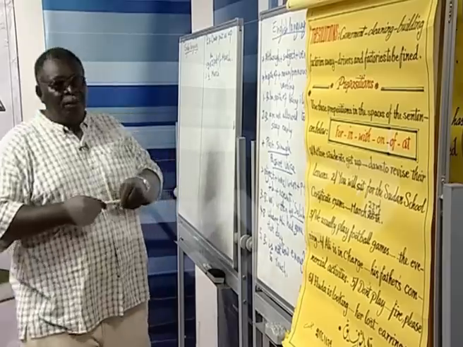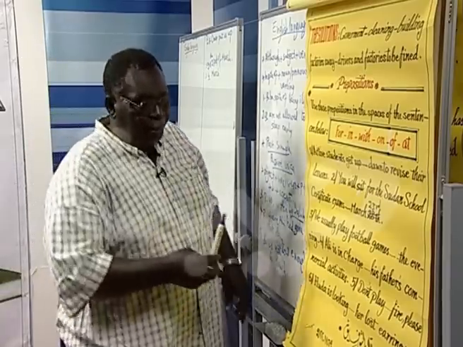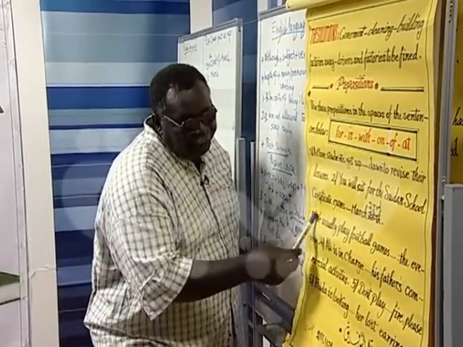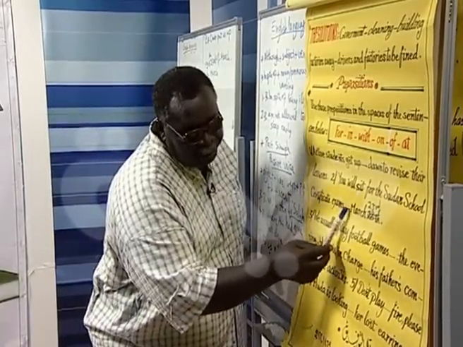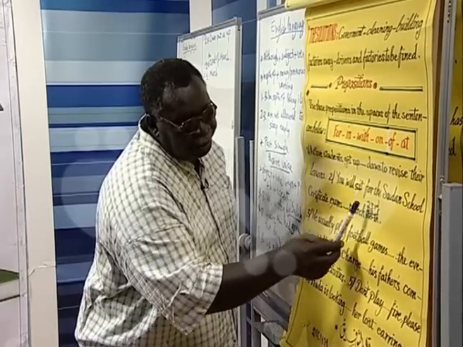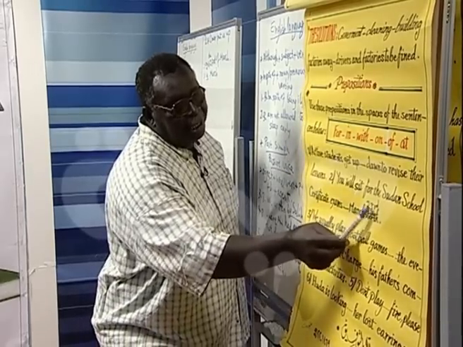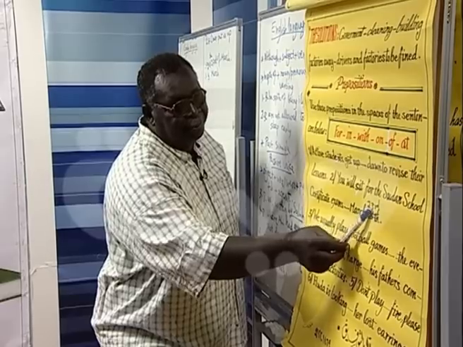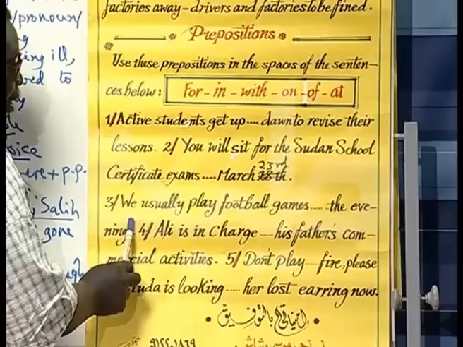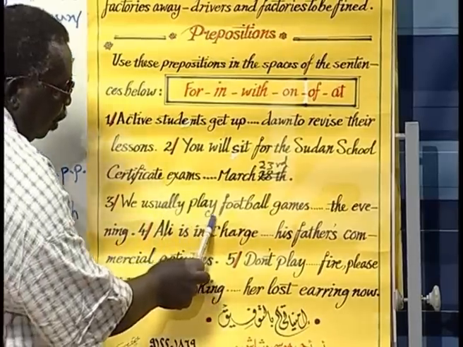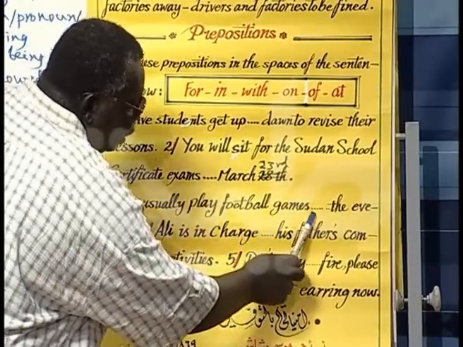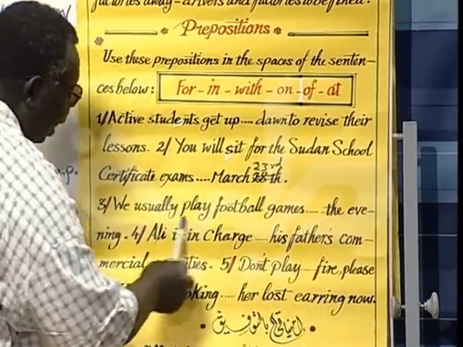Let us go back to the poster so that you can follow. Here we have the answer, in this case it is on March 23rd, because here we are speaking about a specific day of the month. Then number 3, we usually play football games dash the evening.